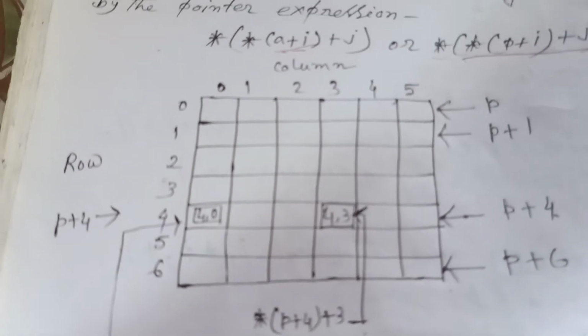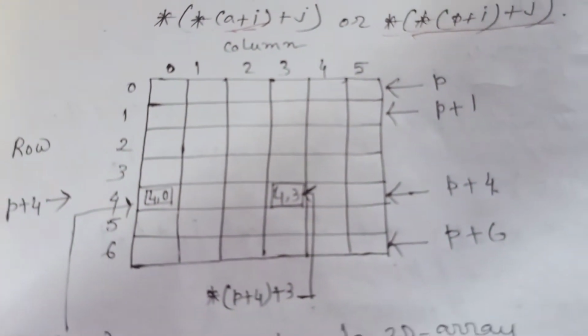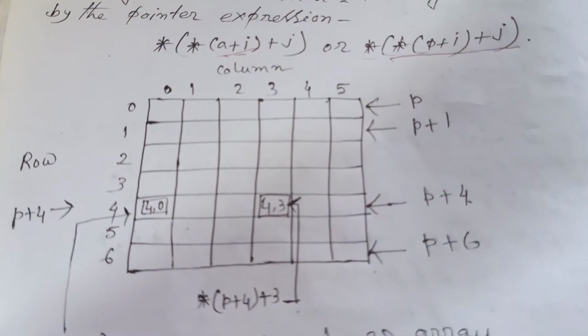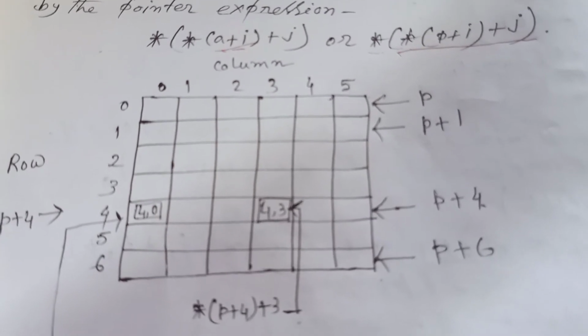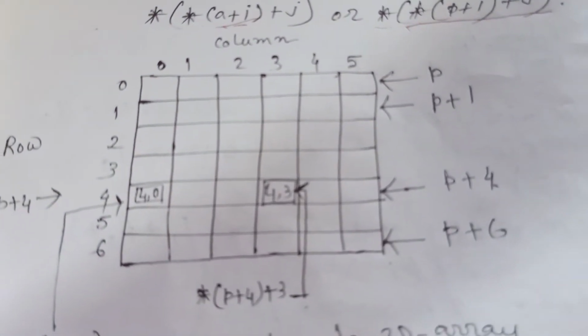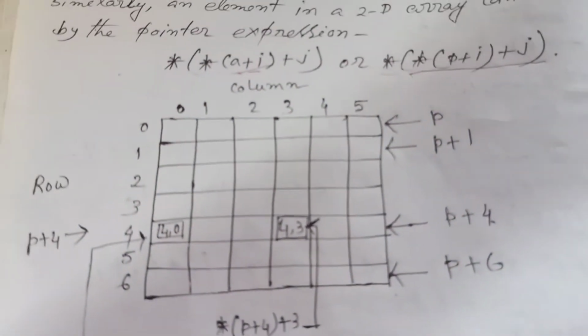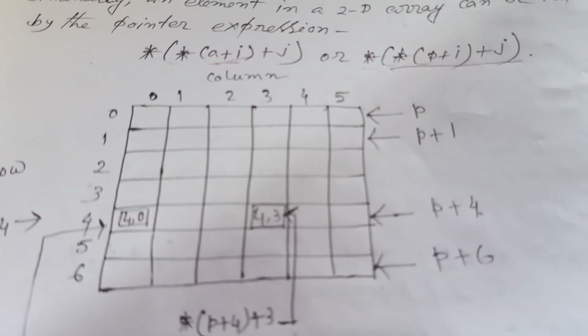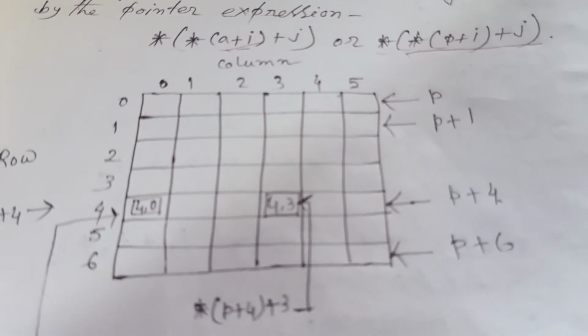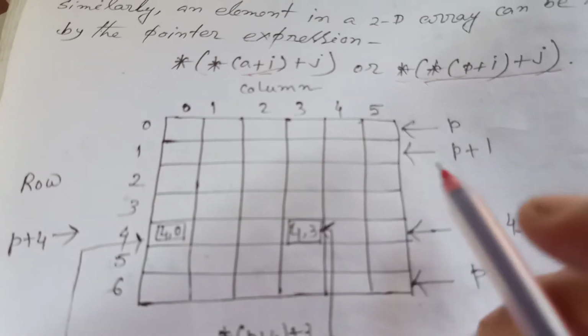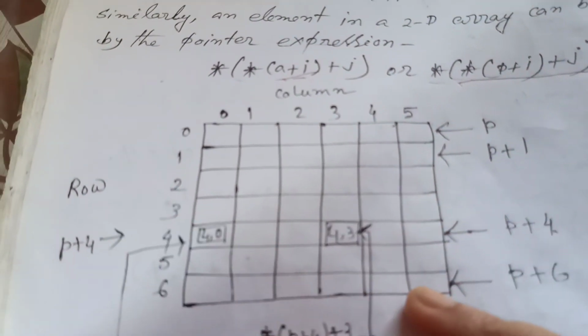Okay, so this 2D array representation using a pointer can be understood by this pictorial diagram. So here column, row.